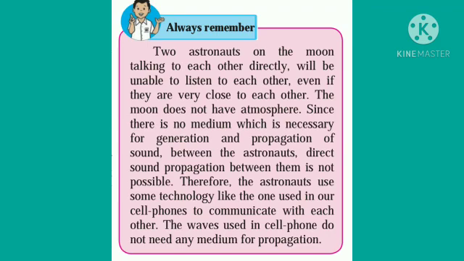Direct sound propagation between them is not possible, and therefore the astronauts use some technology like the one used in our cell phones to communicate with each other. The waves used in cell phones do not need any medium for propagation.